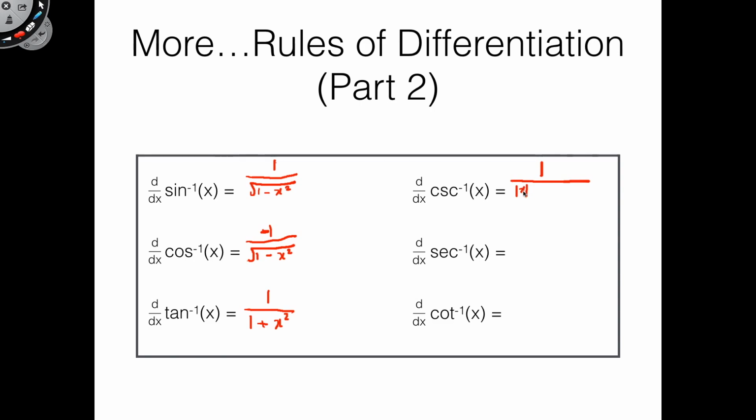Secant is 1 over the absolute value of x times the square root of x squared minus 1. That's pretty intimidating. Then cosecant is 1 over the absolute value of x times the square root of x squared minus 1, except that one's negative. Cotangent, same again, 1 over 1 plus x squared, except that one's also negative.